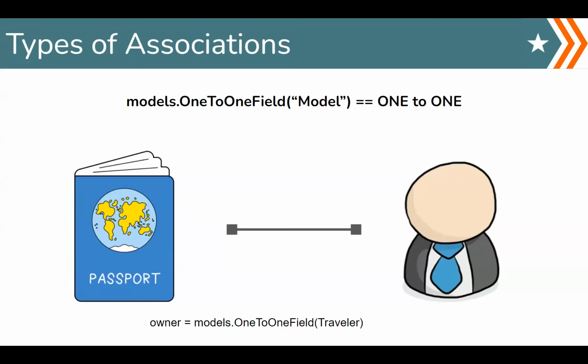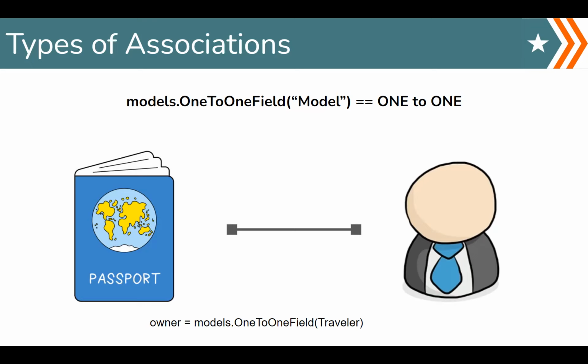One of them, the easiest one, is a one-to-one field. So what this means is, let's say that I have a passport model and a traveler model. Each traveler can only have one passport in this world that is described on the screen.